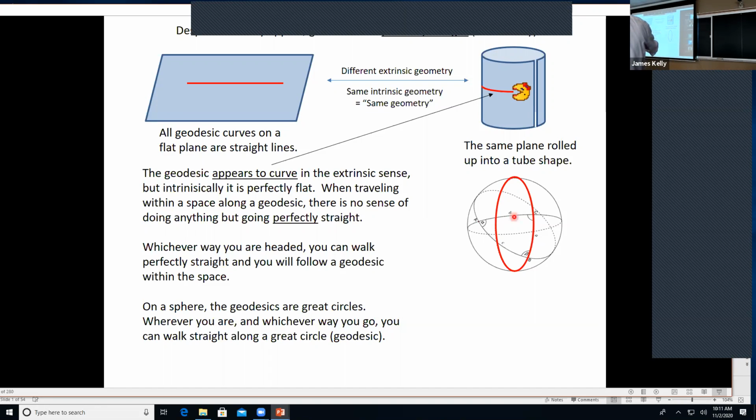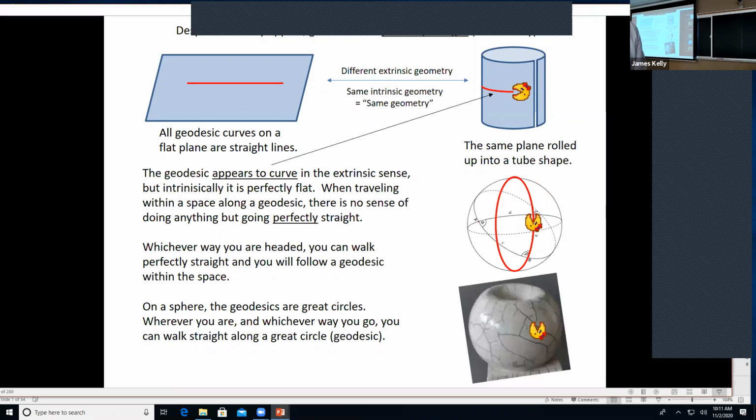So just like Mrs. Pac-Man isn't going to notice that she's curving around to the right there, you might think that Mrs. Pac-Man in this case for sure is going to notice that as she rounds the top, she's sort of curving towards the bottom of the screen, but she won't notice that at all. As we said, we could indent the top of the sphere without changing the intrinsic geometry of the sphere. And if she follows that same curve, if I try to draw that same curve on there, I've done that in red as best I could on the computer.